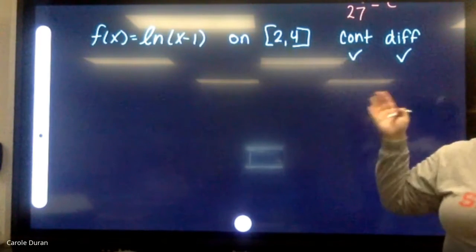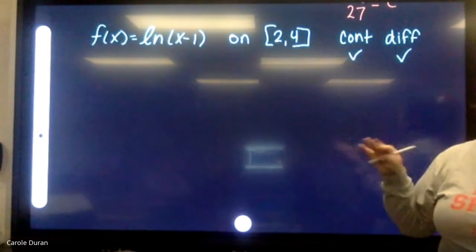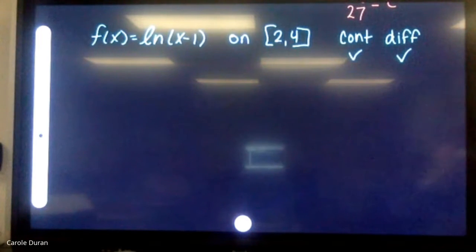Now that I verified it is continuous and it is differentiable, what do I do next? What equation do I use? Mean value.